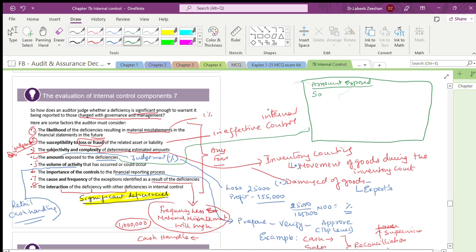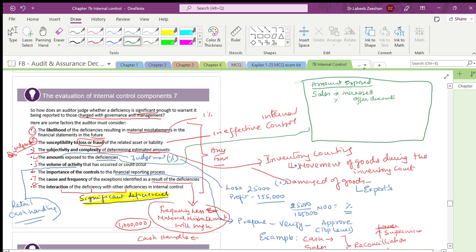You are having the sales. In order to increase the sales, we have done somewhere before the same example, that is why I am repeating this. In order to increase the sales, we will offer discounts.